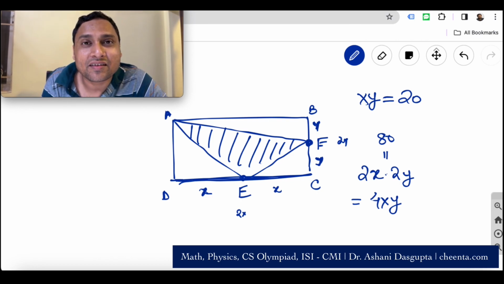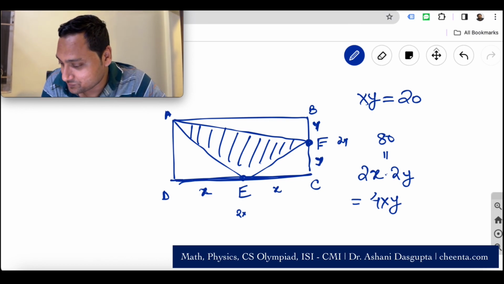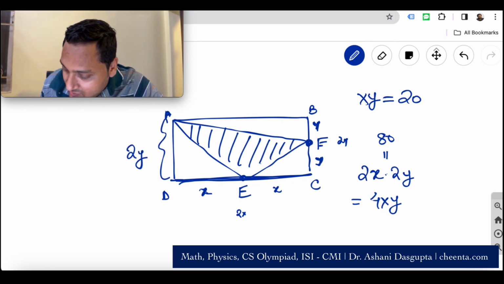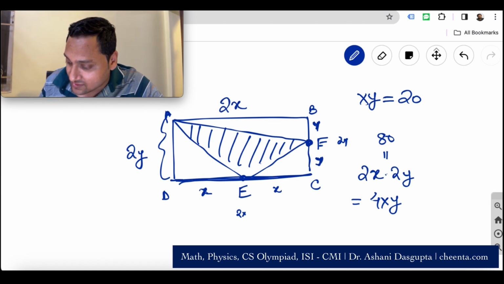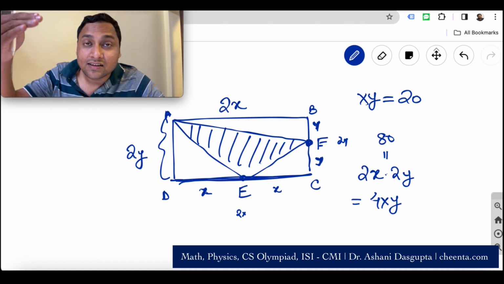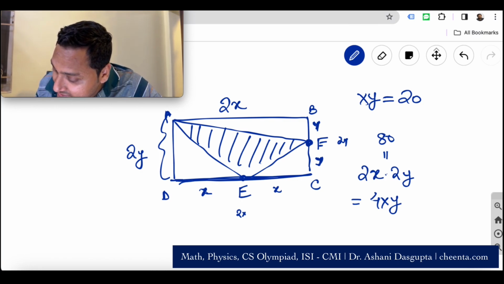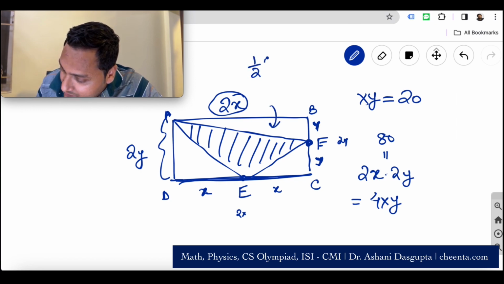So now we can easily do this problem. Why? Okay, first note is that AD is 2y and AB is 2x. After all, it's a rectangle, so opposite sides will be equal. So 2x, what is the area of this triangle? It is half times 2x times y, or xy.